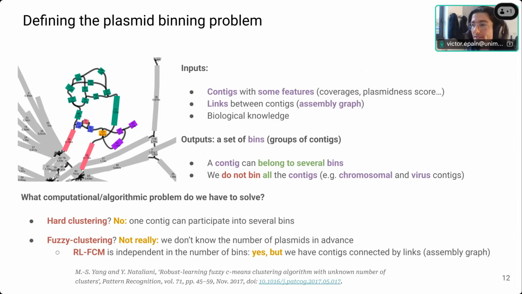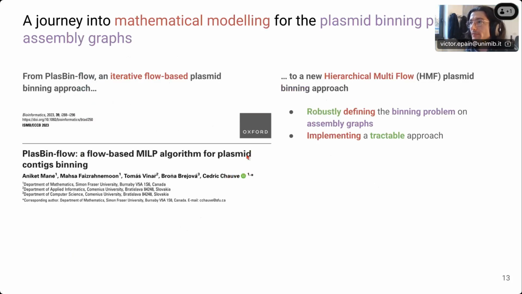So perhaps we can use this. Yes, but we have contigs connected by links, and this type of framework does not consider graph structures. So we should go further into dedicated graph binning problem approaches.